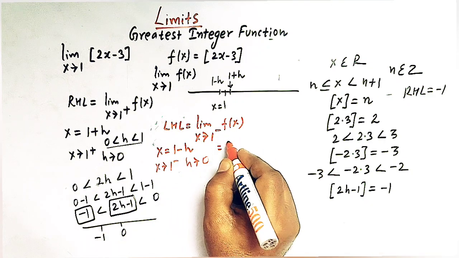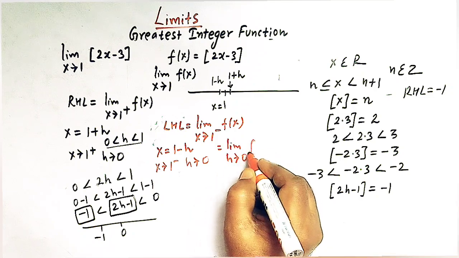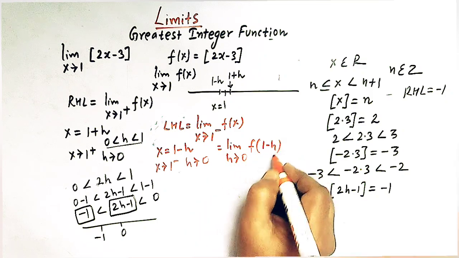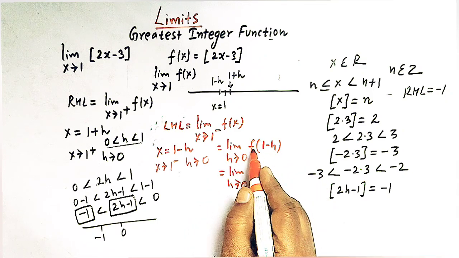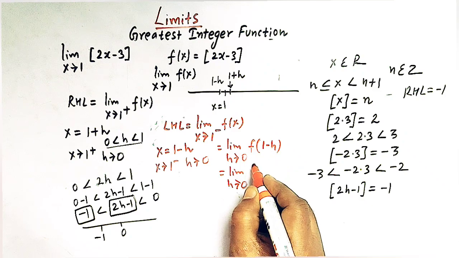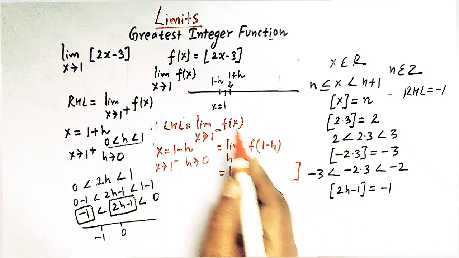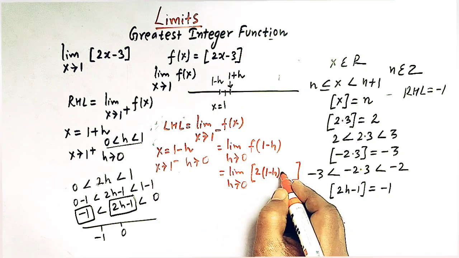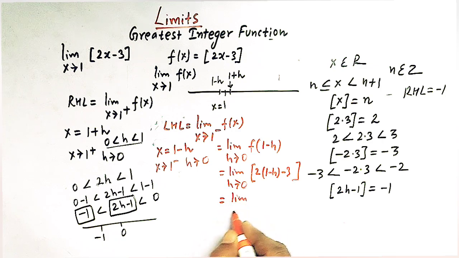So now we have limit h tends to 0, and here we have f of x, x is 1 minus h. So now we can write limit h tends to 0, and f of 1 minus h can be obtained by replacing x by 1 minus h. So we have 2 times 1 minus h, and here we have minus 3. Let us simplify it.